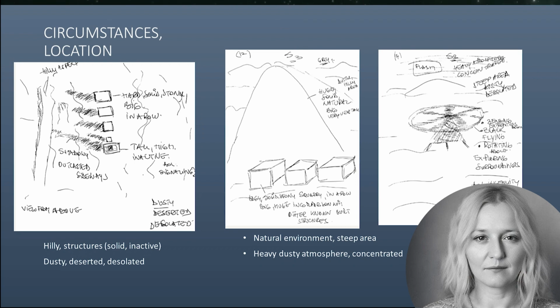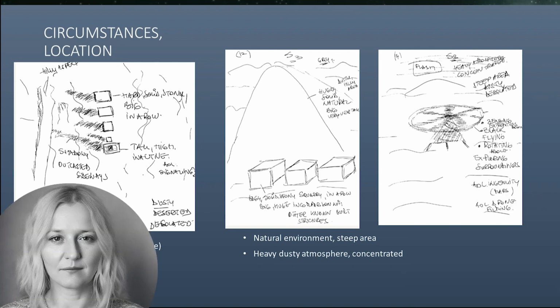And here was also a man-made type which was flying over, probing around, exploring surroundings, which reminds me of the Ingenuity from Mars. The atmosphere felt heavy, concentrated, hard breathing.